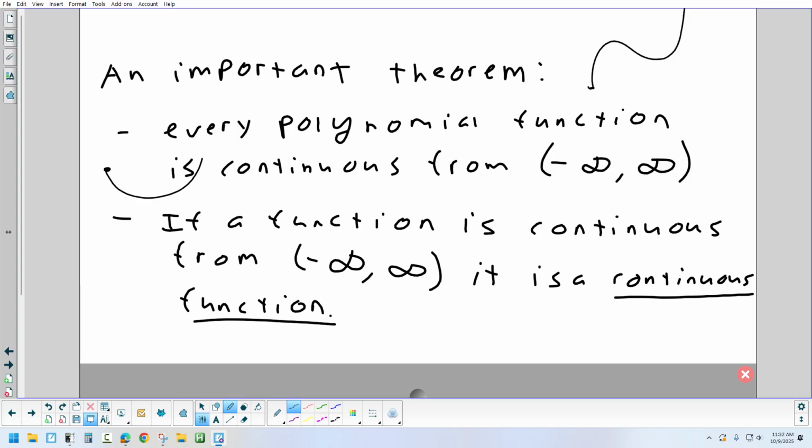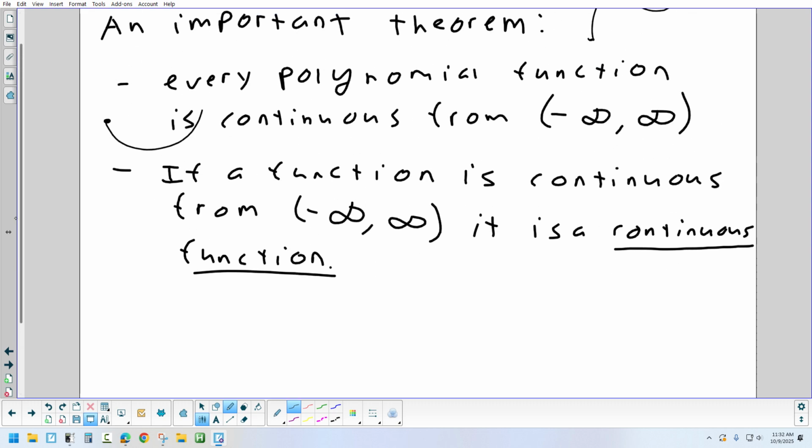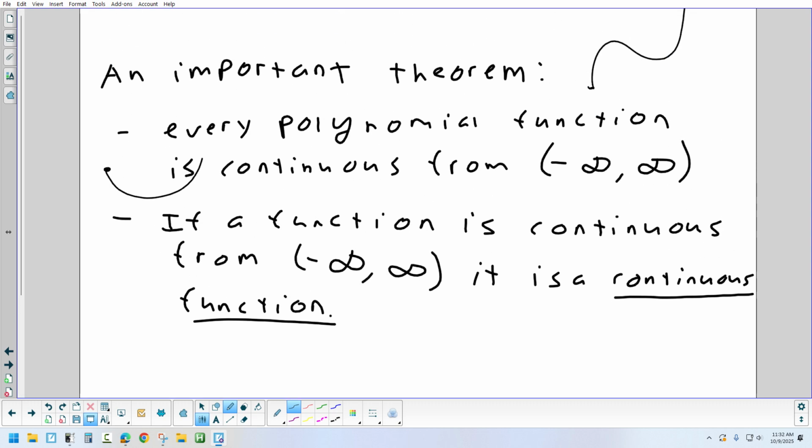There is no section in a polynomial that you ever have to lift your pencil for. The entire function is continuous forever, from -infinity to infinity. Any question on that idea?